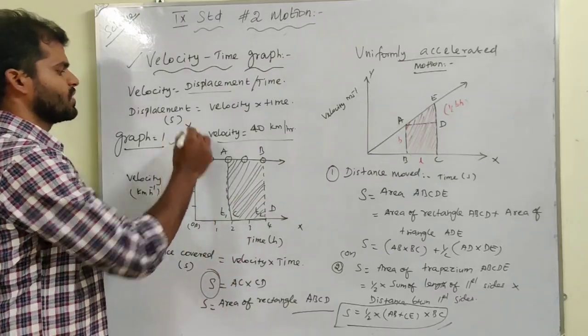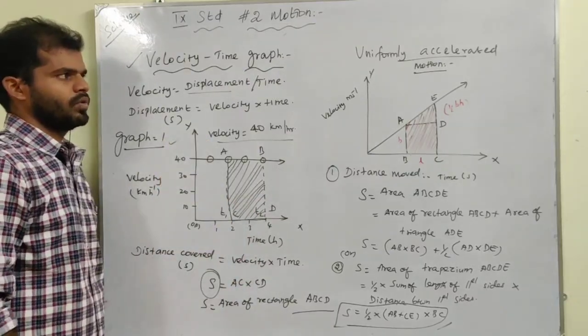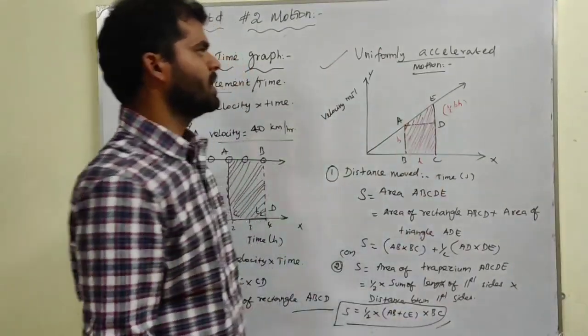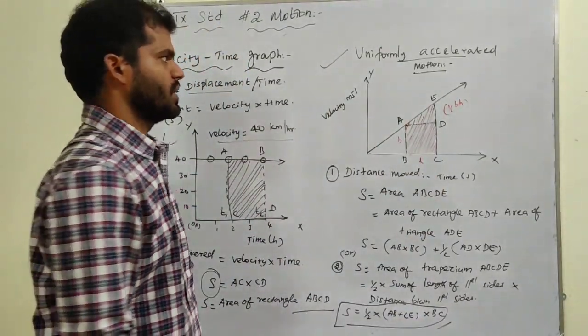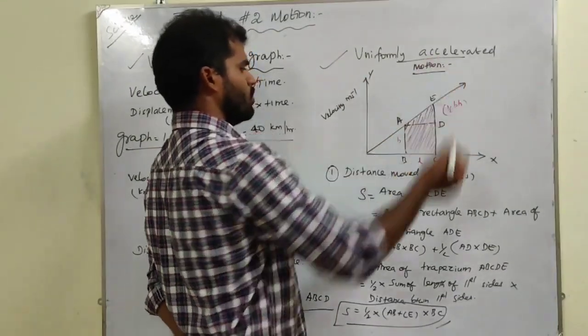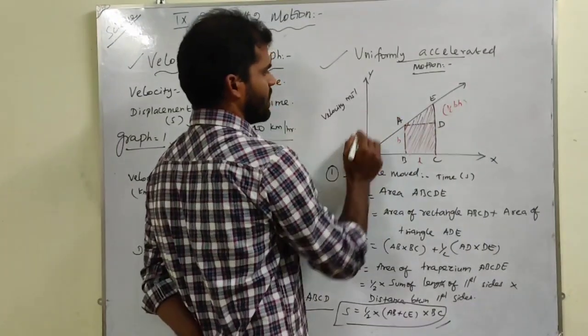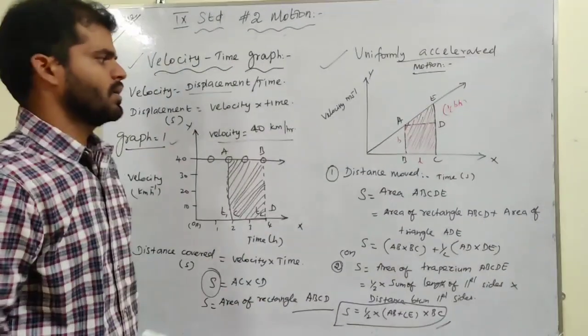That is the use of the velocity time graph. Okay, in the second graph, what we are going to learn is uniformly accelerated motion. Here also we have taken time on the x-axis and velocity on the y-axis.